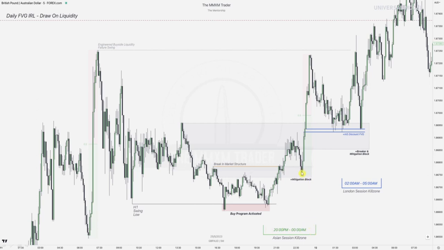So that's a high probability entry. Then again over here, there should be a bearish order block, but now it's being used as a mitigation or breaker block on the buy side of the curve, and then we had that 5-minute fair value gap formed inside our kill zone, and then price continues up, completing that failure swing, taking out buy side liquidity, and eventually going into the daily fair value gap, which is internal range.